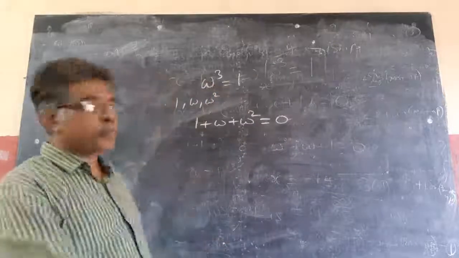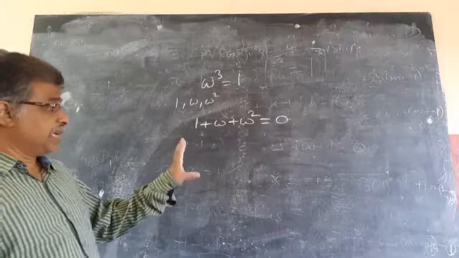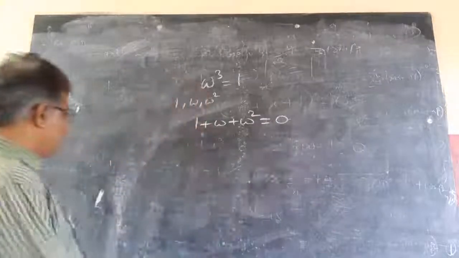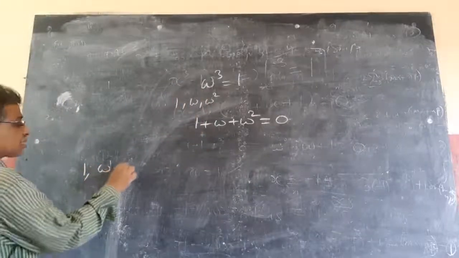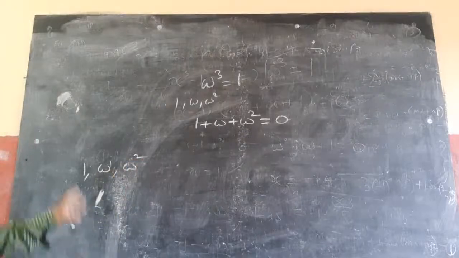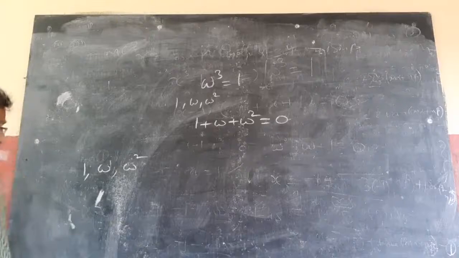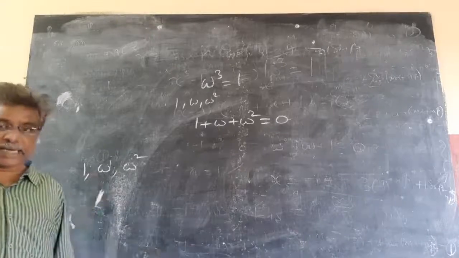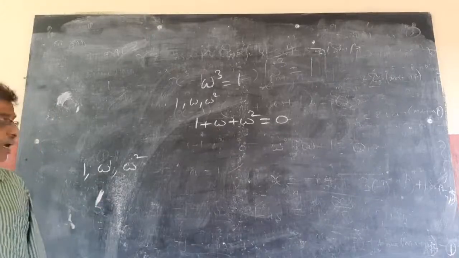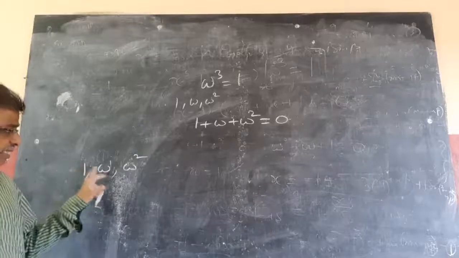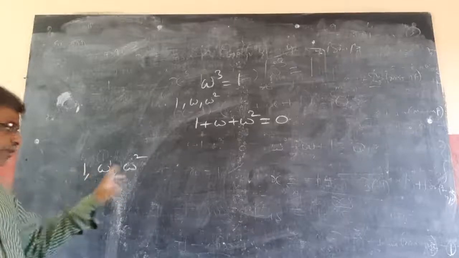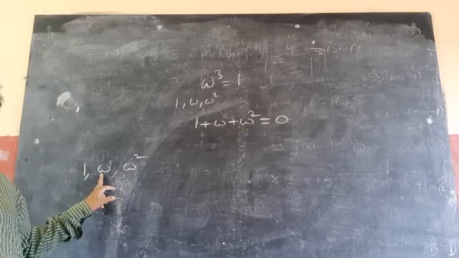And one more interesting property is, if you observe 1, omega, omega square and find the distance between them: omega is minus 1 plus i root 3 by 2, omega square is minus 1 minus i root 3 by 2, we already derived. Now if you find the distance between 1, omega and omega square, all are equal.